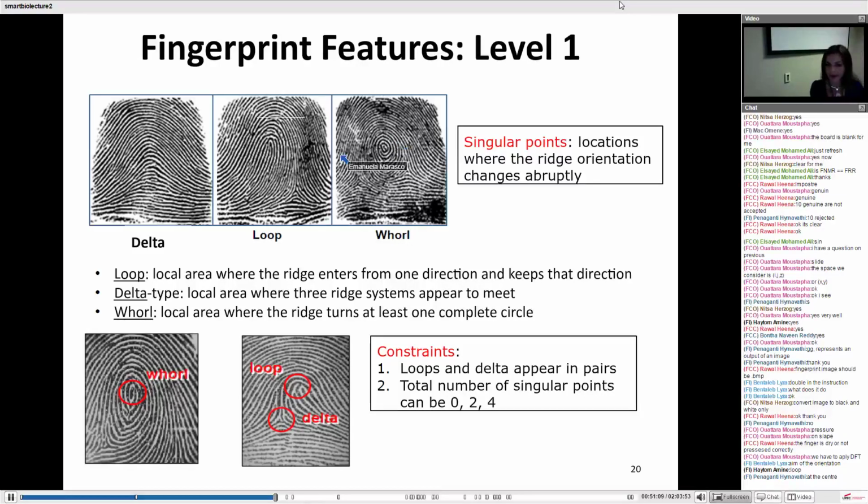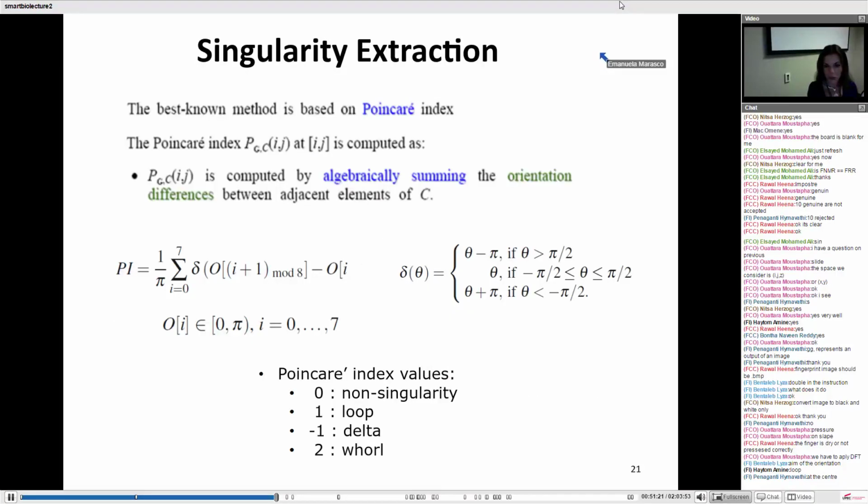You can see here. So based on these singularity points, we can do a first classification of the fingerprint. Right? Not everybody has a whorl, not everybody has a delta, right? But these are the points that we are going to extract right now. How to do that? This is the question.